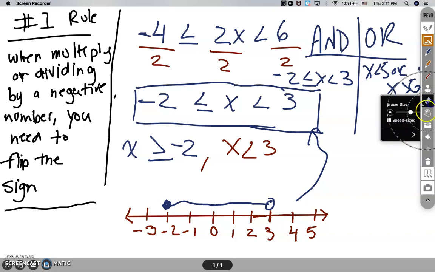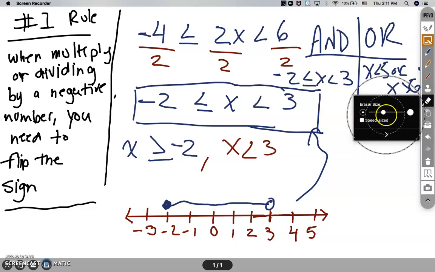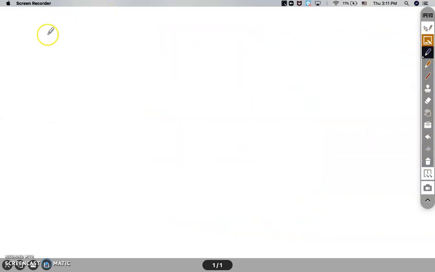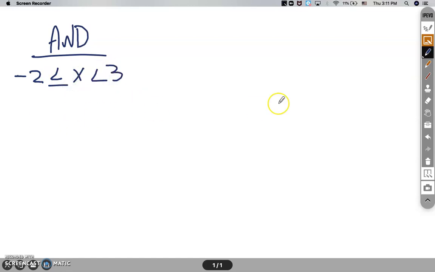Now I'm going to go over some tips on it. So let me clear this. Okay, so let's first talk about the AND. The AND is going to look something like -2 less than or equal to x less than 3. And the graph would look like this.